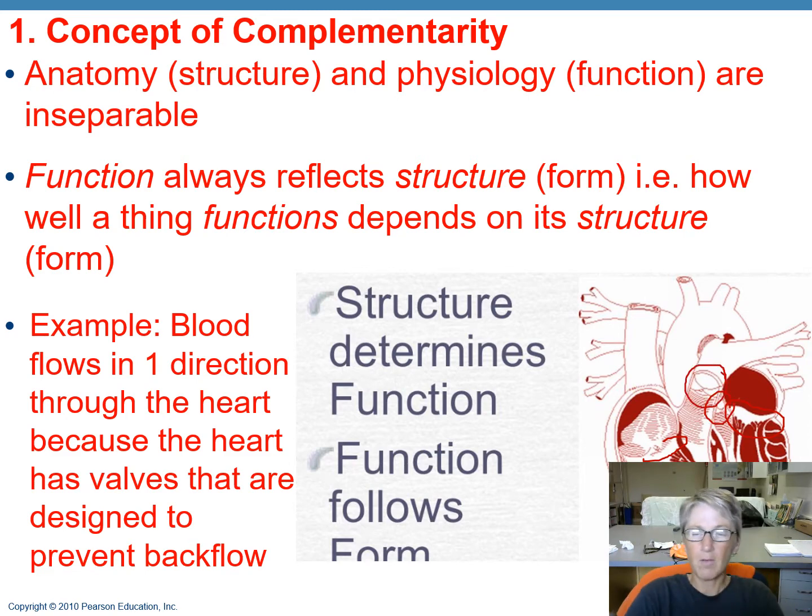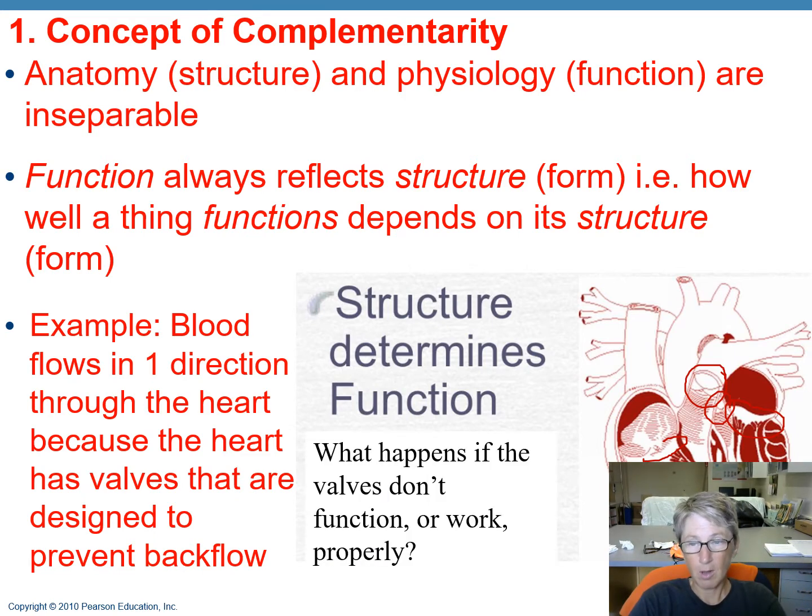So there are these 4 valves in the heart, and the structure of these valves is such that they allow the heart to function as a pump, and the heart does not allow for backflow of blood. The heart allows for the pumping of blood in one direction, and that's because of the structure of the valves.